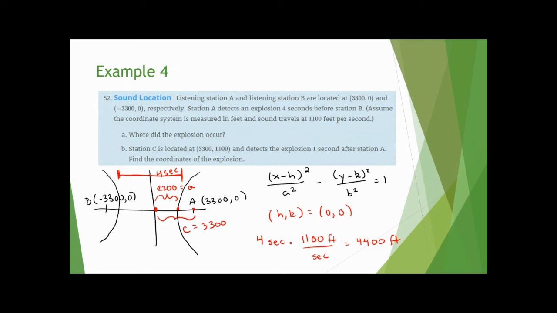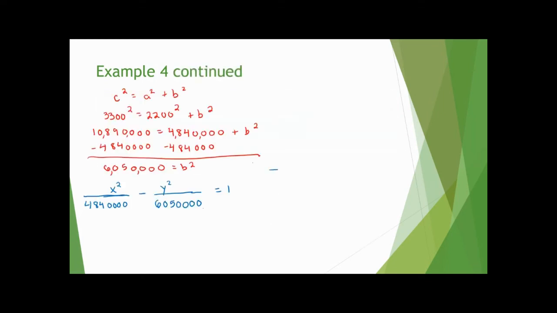All we know is that it's on the right side because that's closer to A. So the explosion occurred on the right branch of our equation.